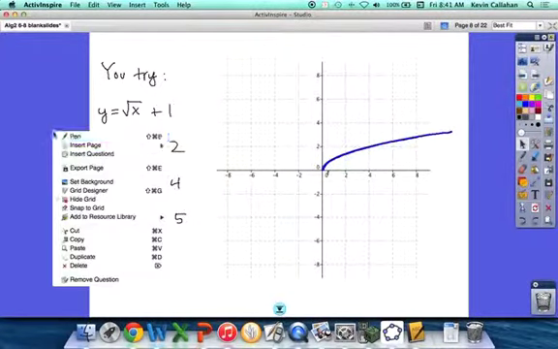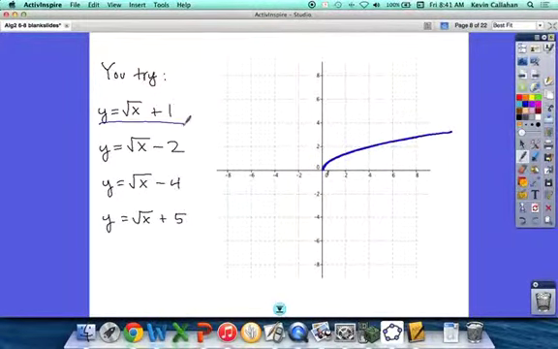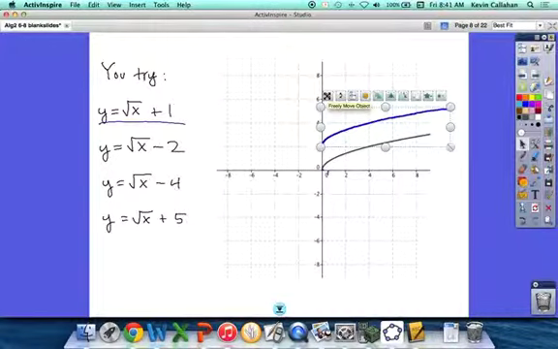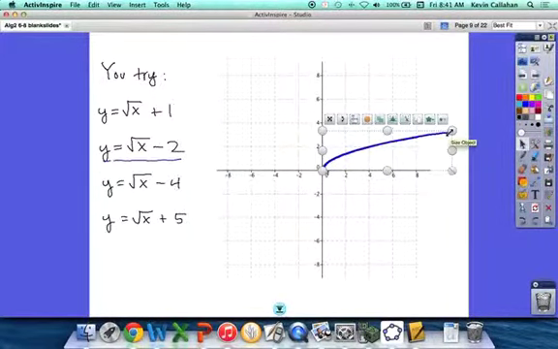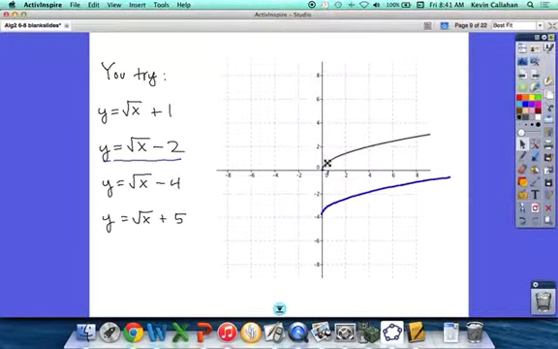So what was that one? That should have been up 1. Does everybody get that? Yes. Okay. And the next one was a down 2. Easy, right?